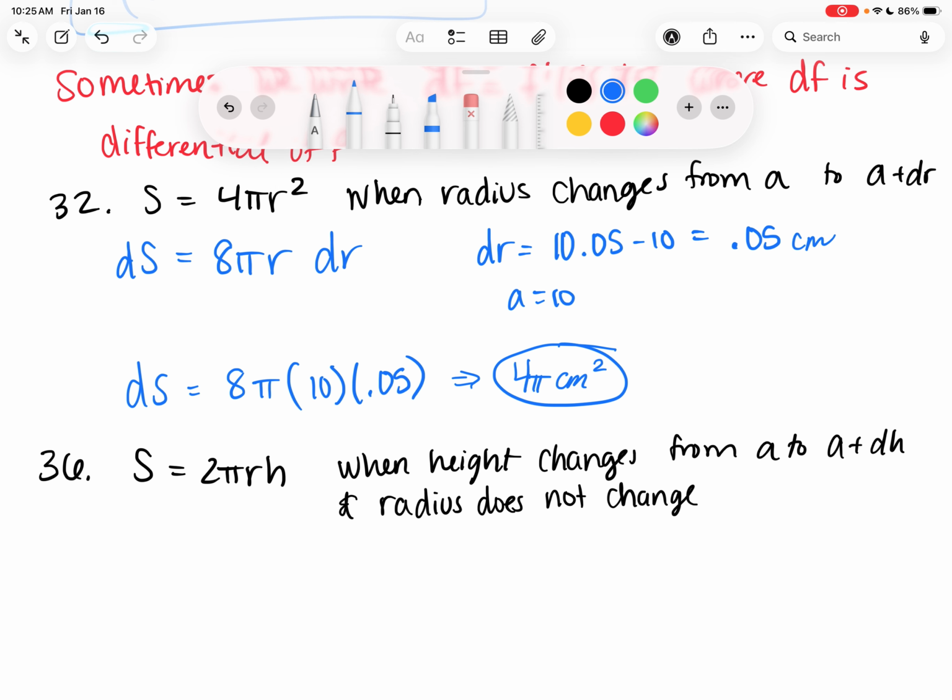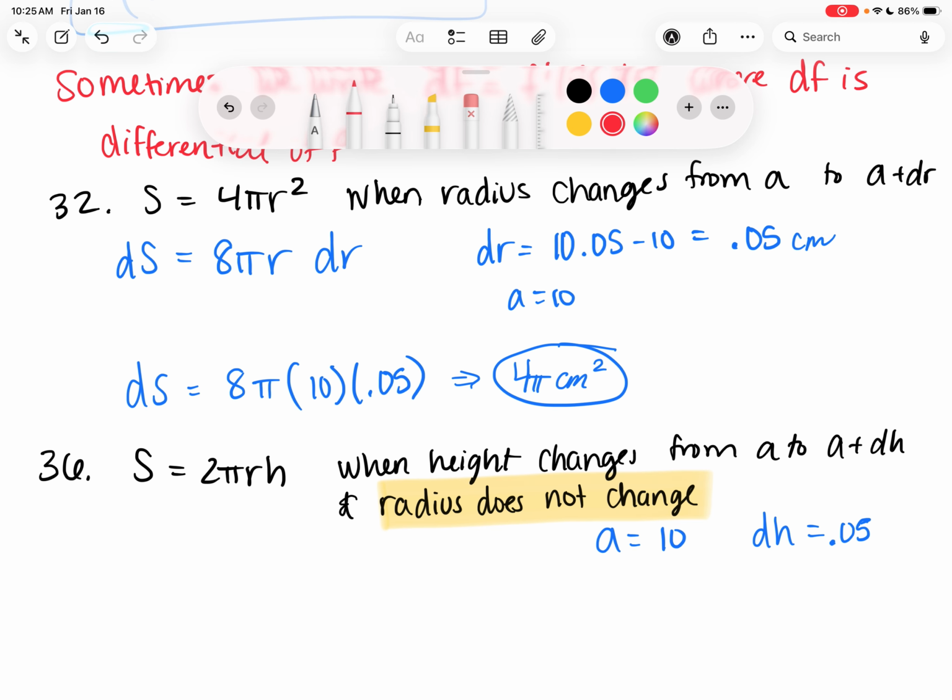So again, from the instructions, A is going to be 10, DH is going to be that 0.05. Now, something that's really critical to pay attention to here is the fact that it says radius does not change. That means the radius is a constant value. So I'm not treating R and H both as variables. The only thing that's a variable is H.